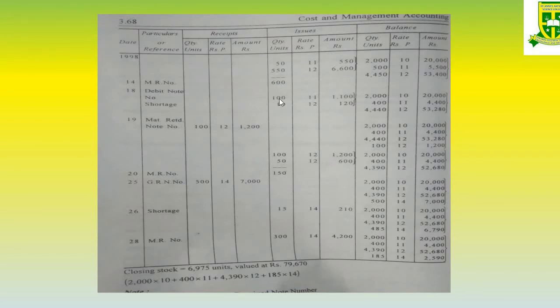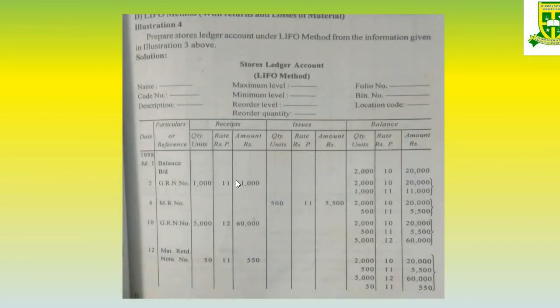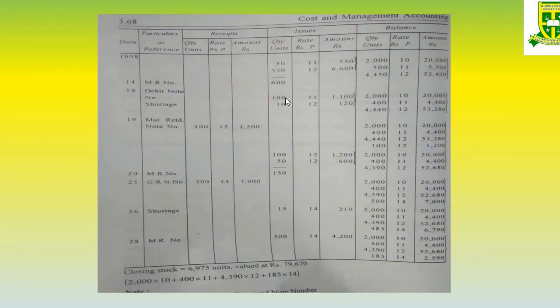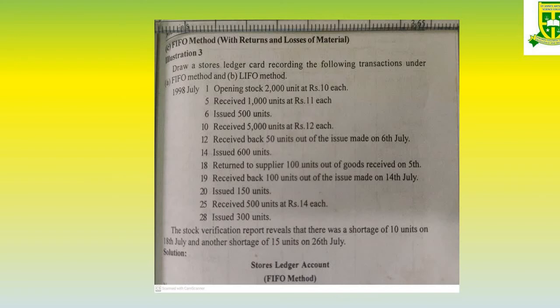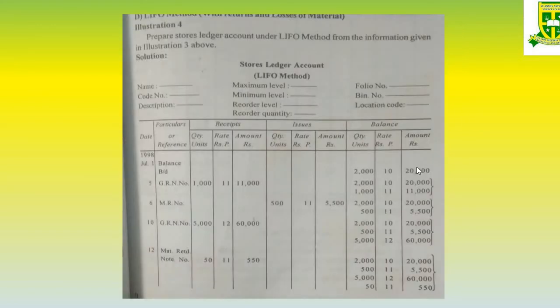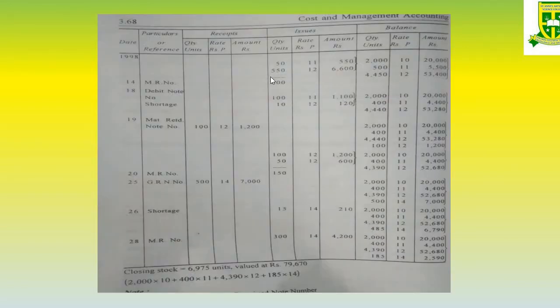So how much am I returning? I can find out the rate of it. The rate is 11. So 100 into 11, which is 1100. So the return to supplier is 100 units out of goods received on 5th. So on 5th I purchased 1000 units at 11. From that I am going to return 100.